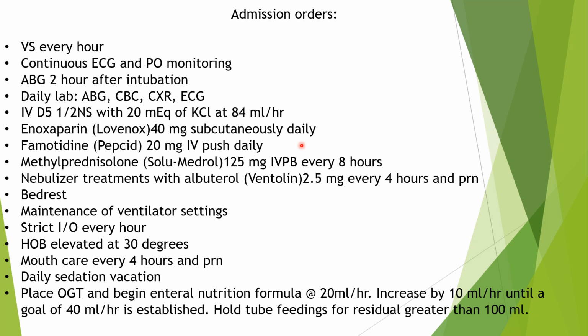Pepcid is an antacid and H2 receptor antagonist that should be provided to the patient 20 mg IV push daily. Methylprednisolone 125 mg IV piggyback every 8 hours should be given. Nebulizer treatments with albuterol 2.5 mg every 4 hours and as required.